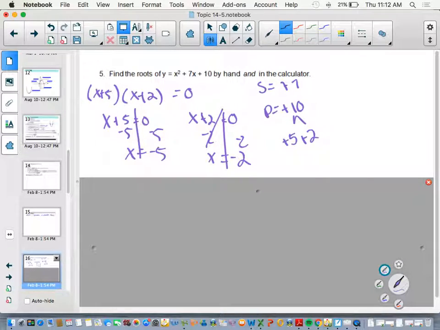So now we're going to solve it using the calculator. Go ahead and put this in y equals. What's going to go in y2? 0. How do you say zero? With a hard E. That's perfect.